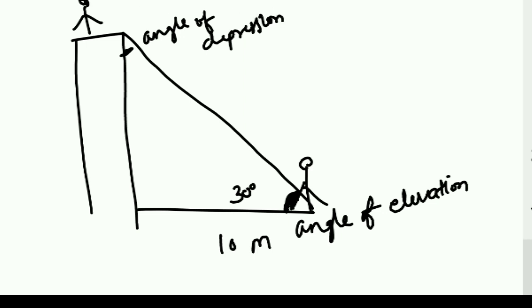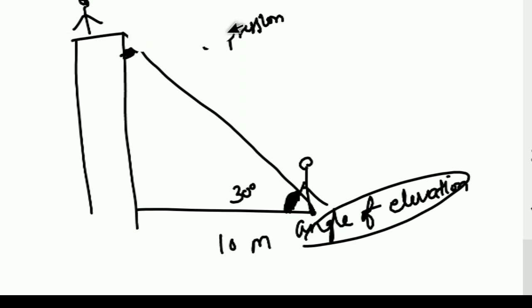If anybody watches from the top of the building to the ground at some point, then we can say this angle is the angle of depression. And when watching to the top of the building from down, this is your angle of elevation. Now we are considering the case of angle of elevation, so we don't need the angle of depression.